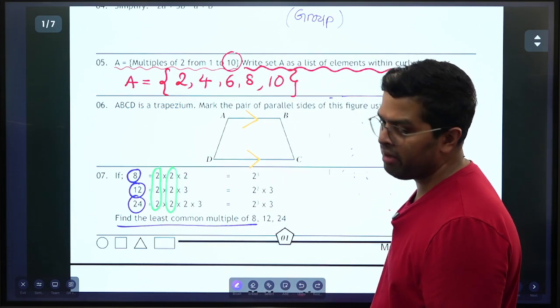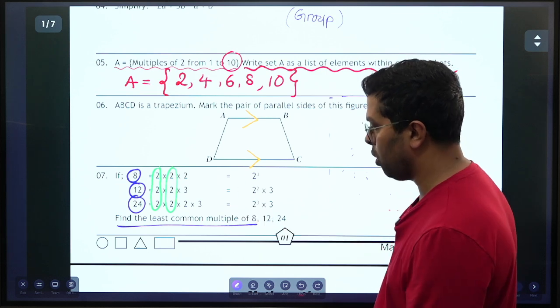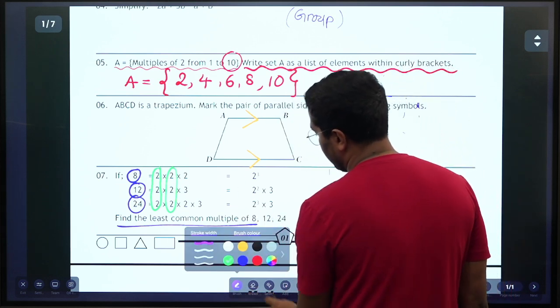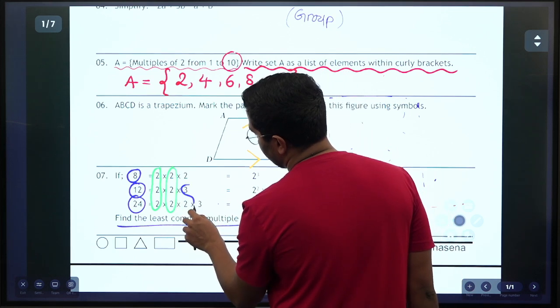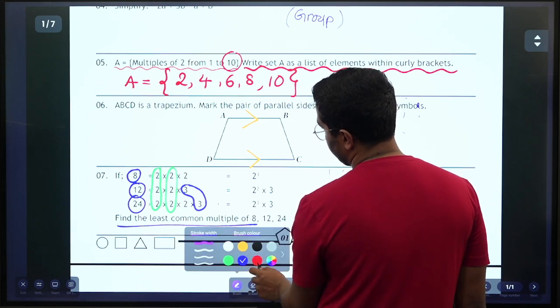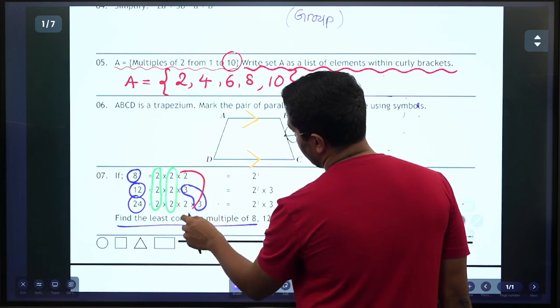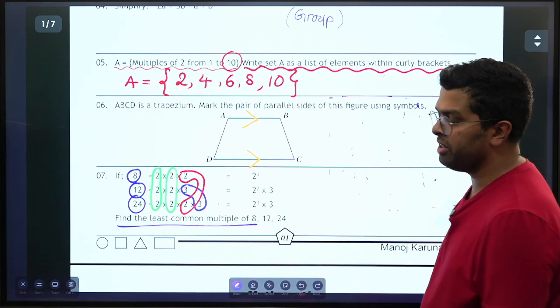Do we have another value which is common for all three? No. Then we have to circle whatever numbers are common for only two. This number 3 is common for these two, 12 and 24. This number 2 is again common for these two numbers. So we have to consider all these numbers.